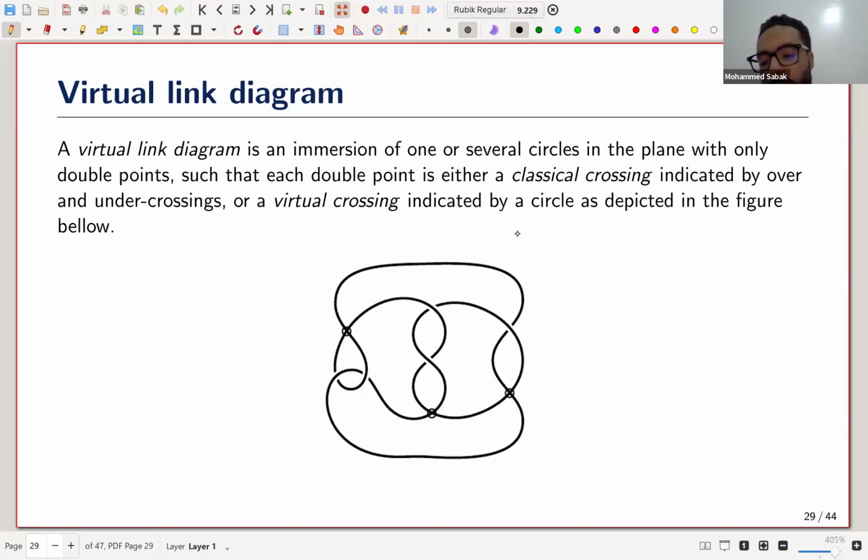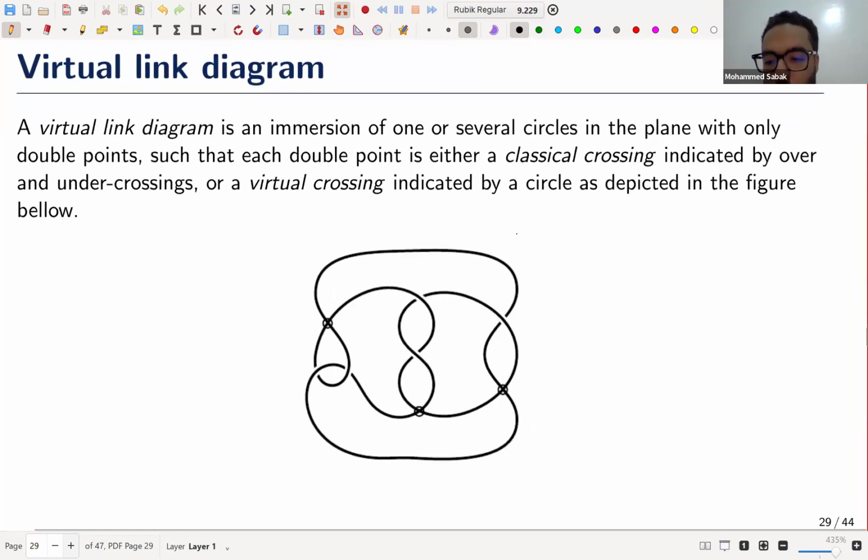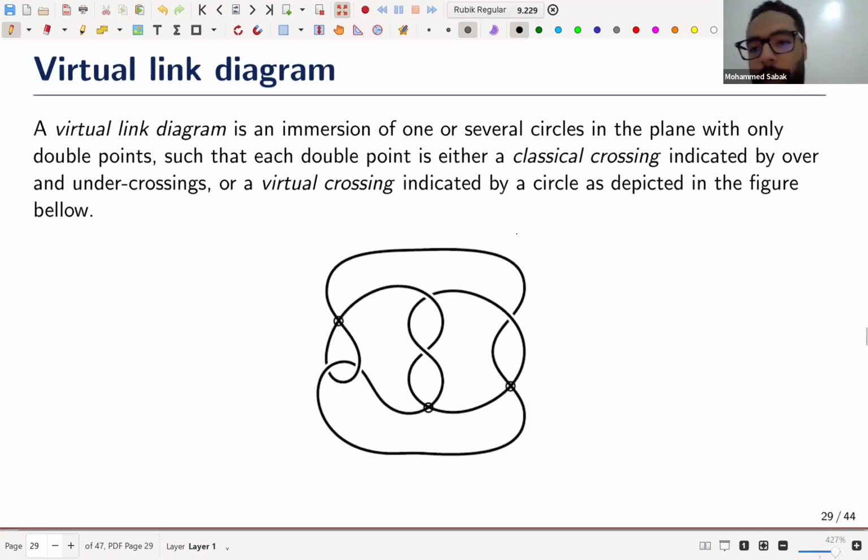We have two types of double points: classical crossings, which are indicated by over and under crossings, and a second type, virtual crossings, indicated by circles around them.